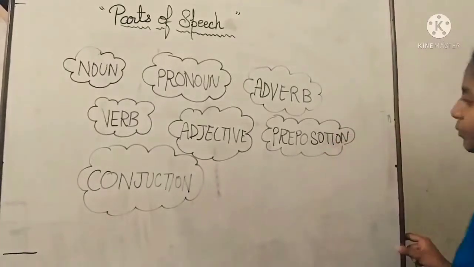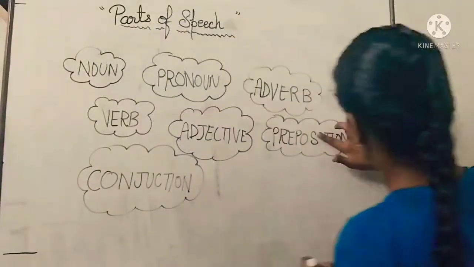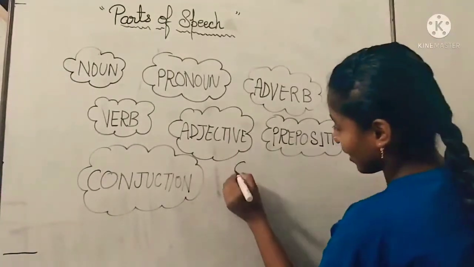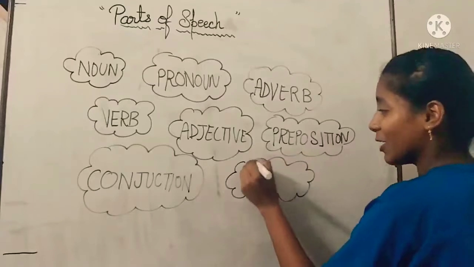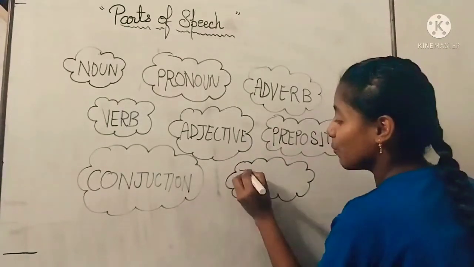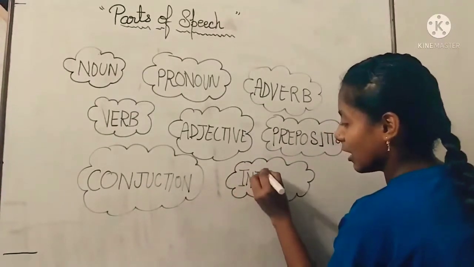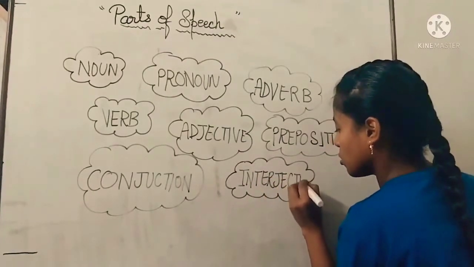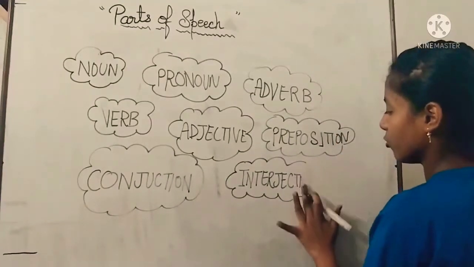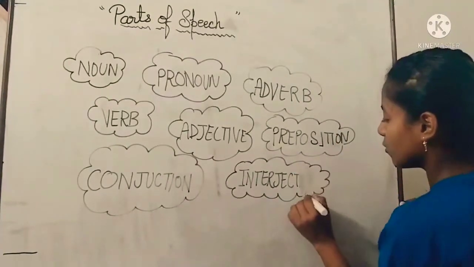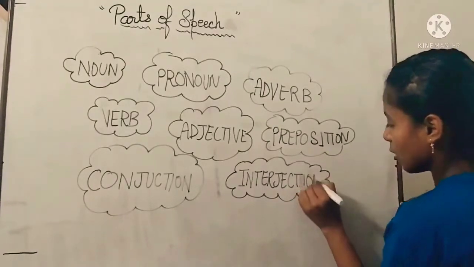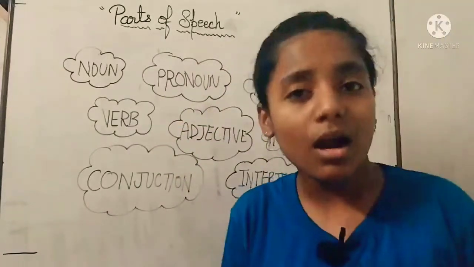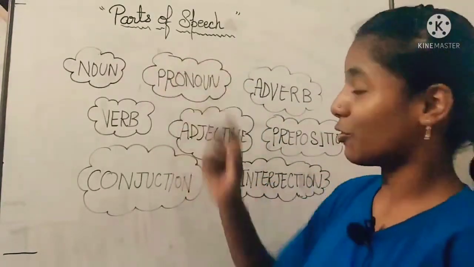Here the interesting one, interjections. Let me just pick the cloud. We have interjection. So these are the following factors which come under your topic, parts of speech.